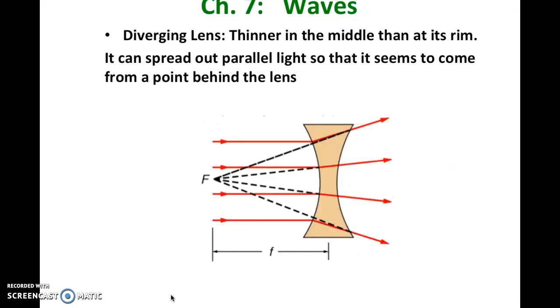Another type of lens is the divergent lens, which is thinner in the middle than at its rim. It can spread out parallel light so that it seems to come from a point behind the lens. This point is also called the focal point, and the distance from this point to the lens is also called the focal length.